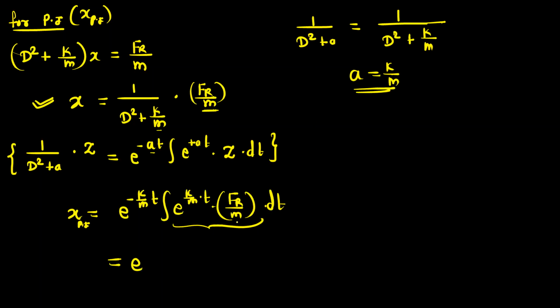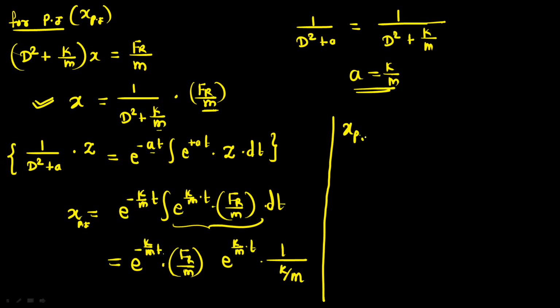So now integrate this equation. So this F upon m is a constant, e raised to minus k upon m into t, into this Fr upon m. You can take this constant out of the integration. Now integration of this value will be e raised to k upon m into t, and upon k upon m. So this is 1 upon k upon m. Okay.